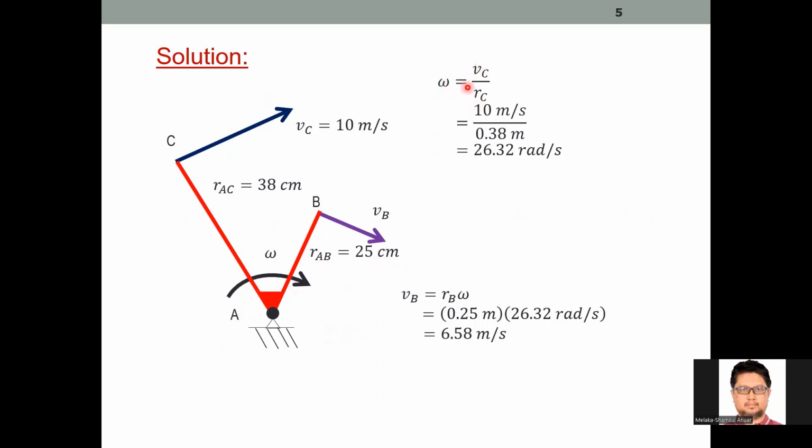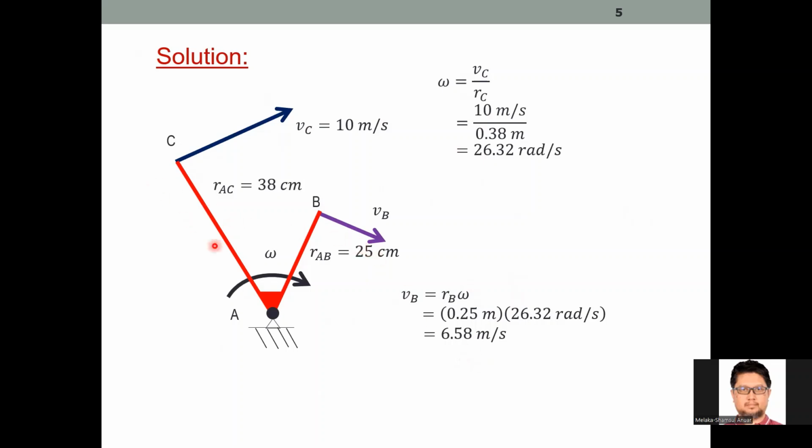We can find omega from the VC that we already know, dividing VC over RAC, and we get 26.32. This omega equal to 26.32 is the same omega that is felt by point B. So we can find VB by RAB times omega, the same omega, and that should give us 6.58 meters per second.